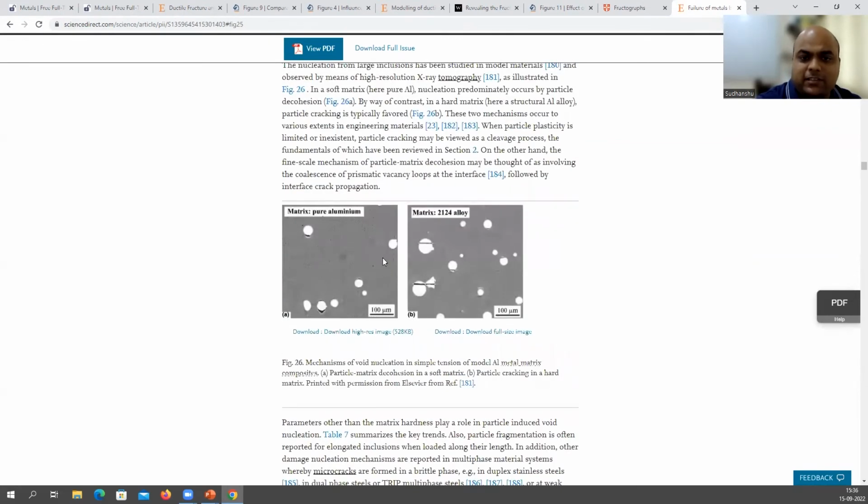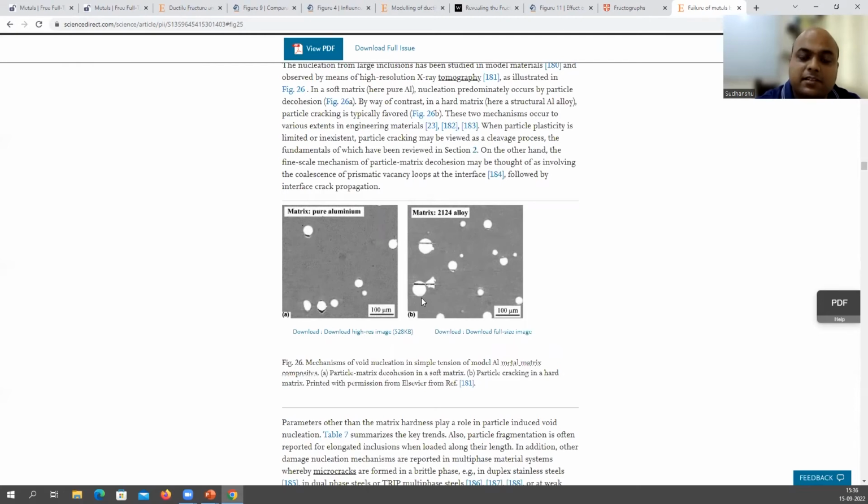These two images are actually for composites, metal matrix composite. But if you assume them to be second phase particles in a given alloy, they nicely show the debonding as well as fracture of the particle. So assume that these are particles, white particles. In the first one, you have debonding at the interface, and in the second one you have the particle fracture.